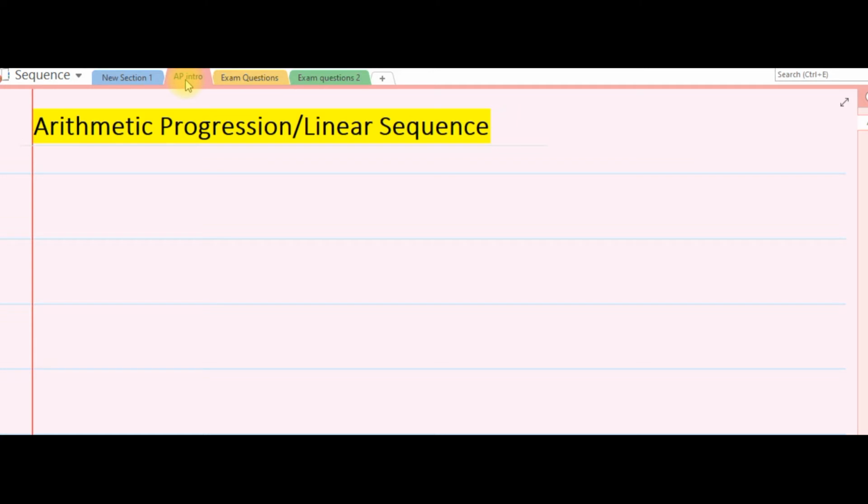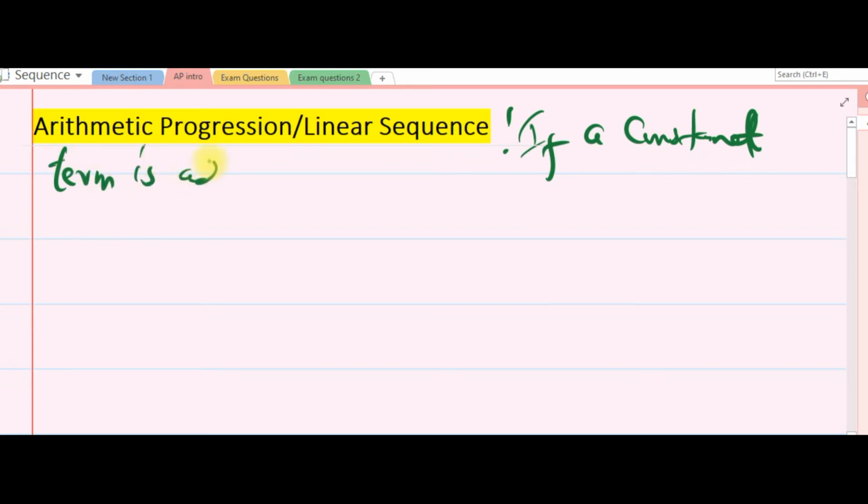In arithmetic progression, a sequence is a linear sequence if each term is gotten by adding a constant term. So if you want to get the next term, you add the same thing to each of them so that you get it. A sequence is a linear sequence if a constant term is added to get the next term.